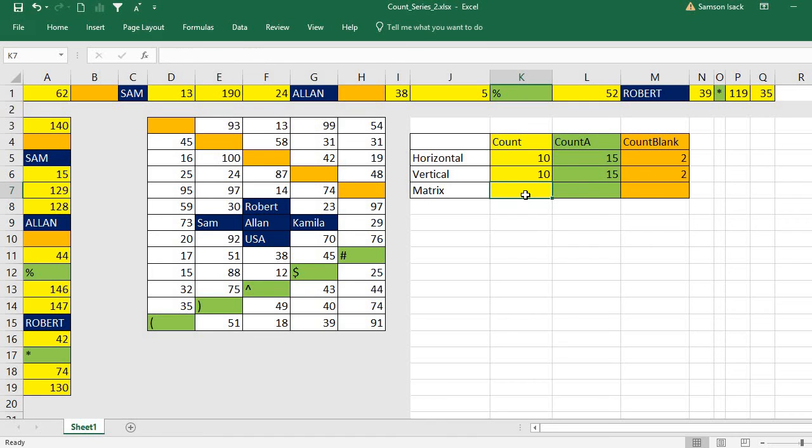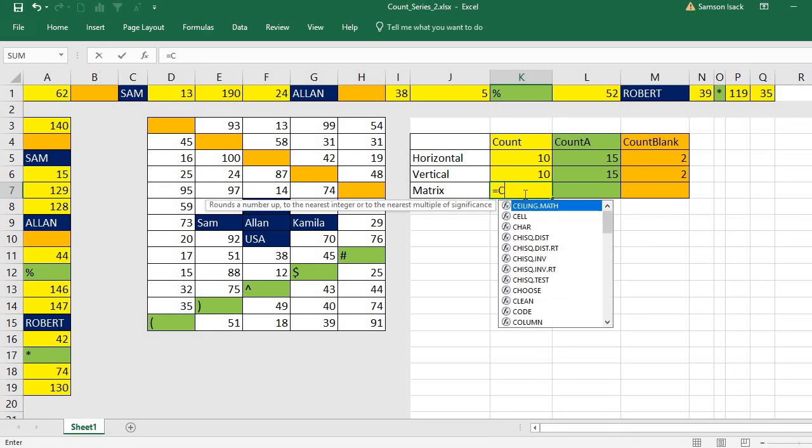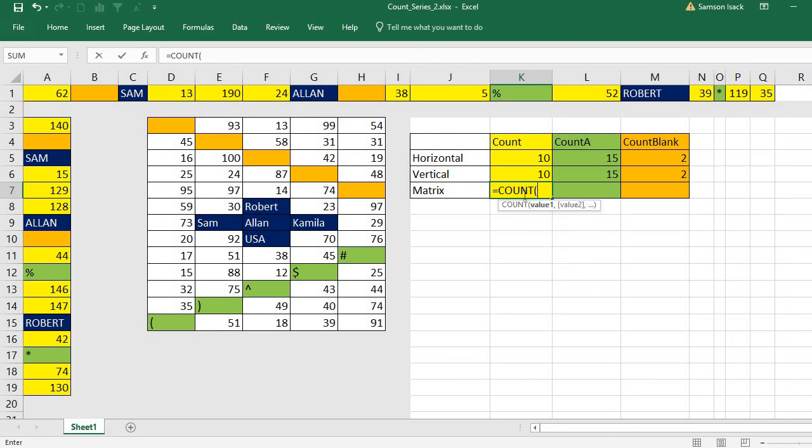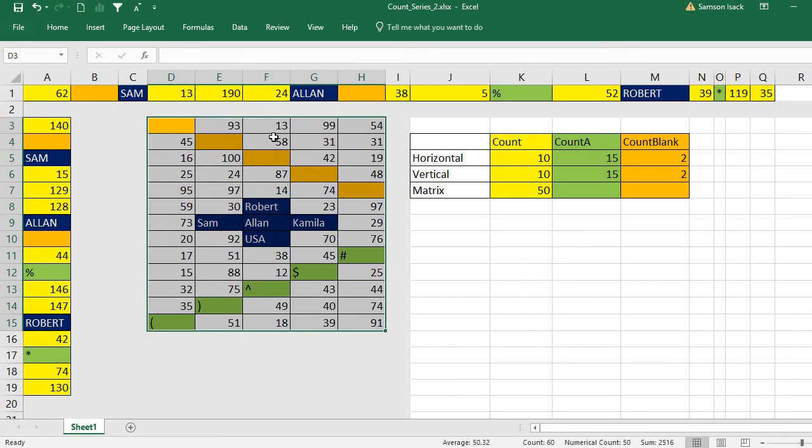Let's check the final one. Count of numerical values for the whole range returns 50. Our total number of cells here is 65, 5 into 13 rows, 5 columns.